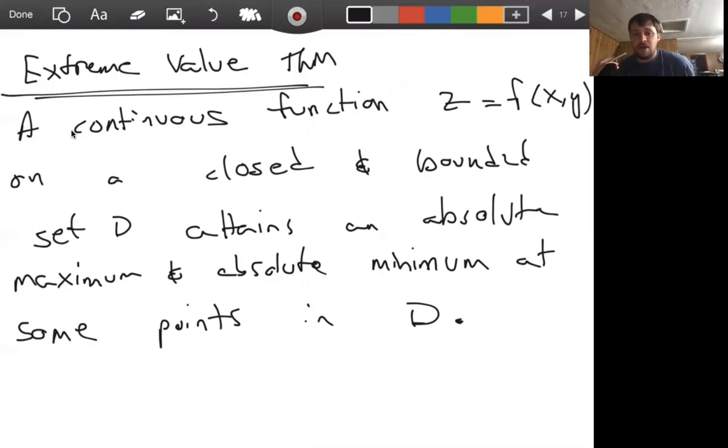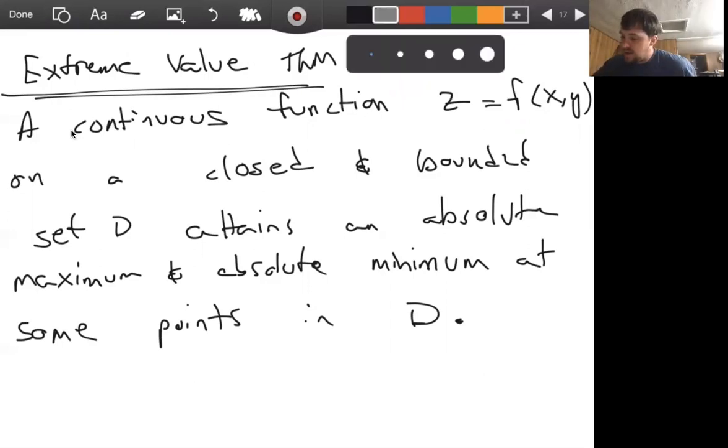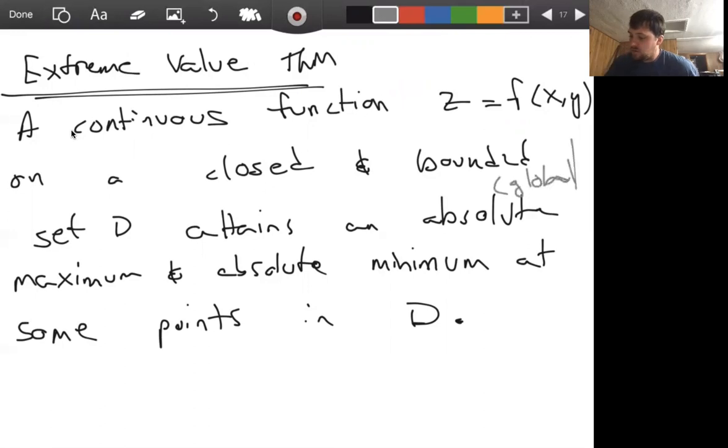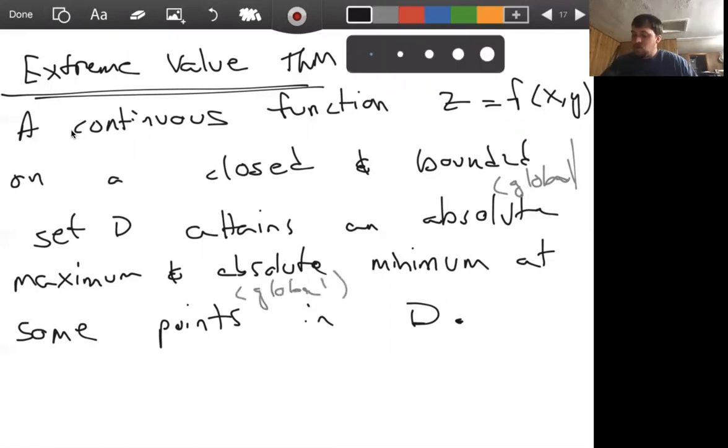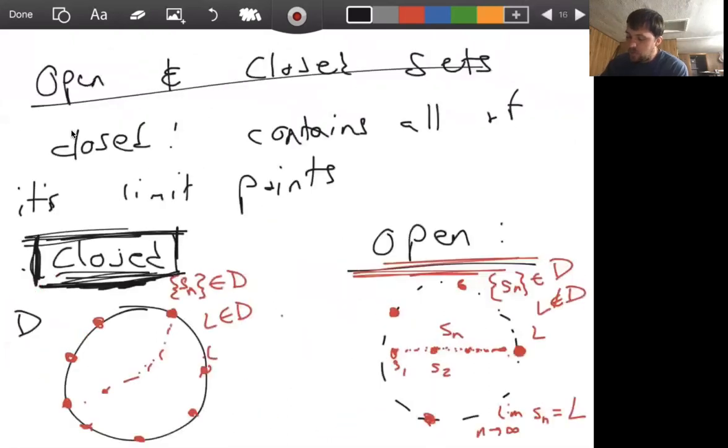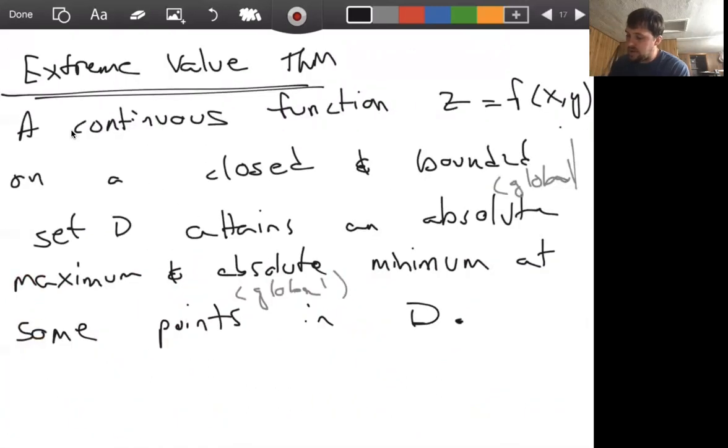a maximum and a minimum somewhere, must attain an absolute maximum or a global, right? Absolute can be synonymous with global in our vocabulary, right? And notice that one of the hypotheses of the theorem is that our domain is closed and bounded.